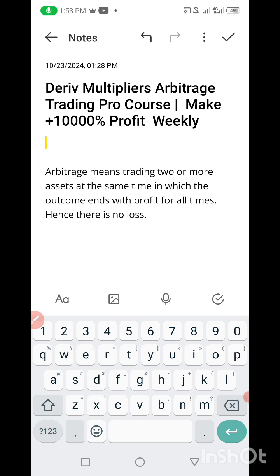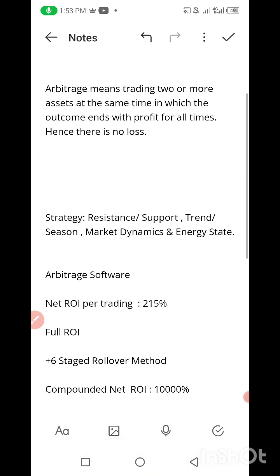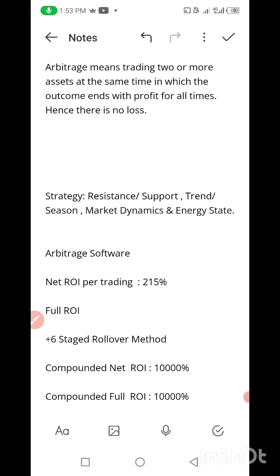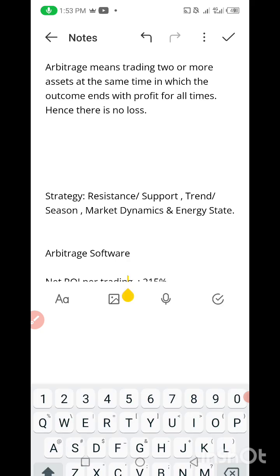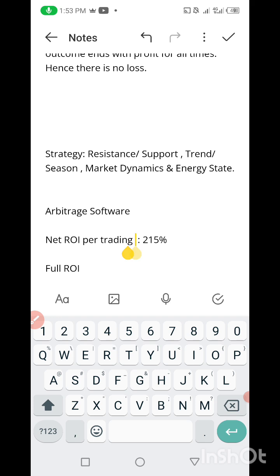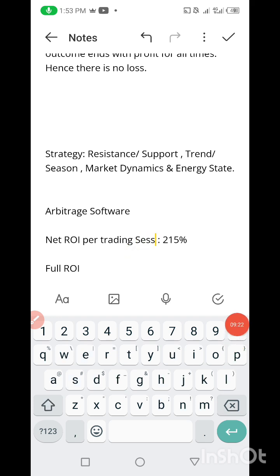We'll be deploying a rollover or compounding strategy, applied on the return on investment, or ROI, per trading session. I'm going to show you what I mean by compounding or rollover strategy.